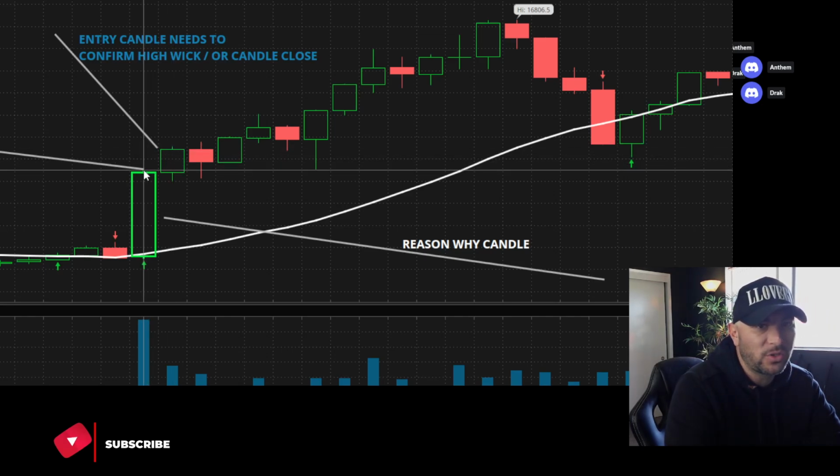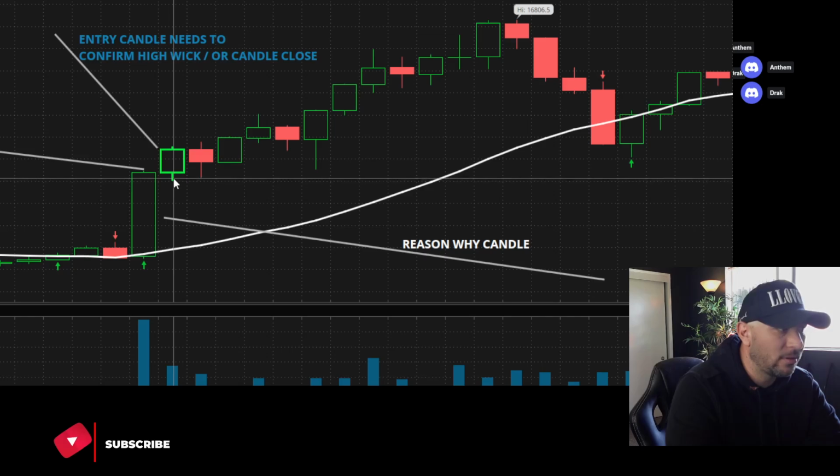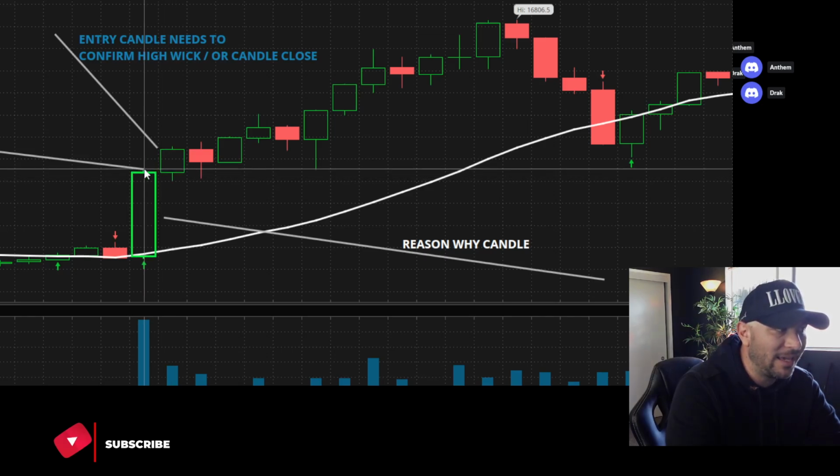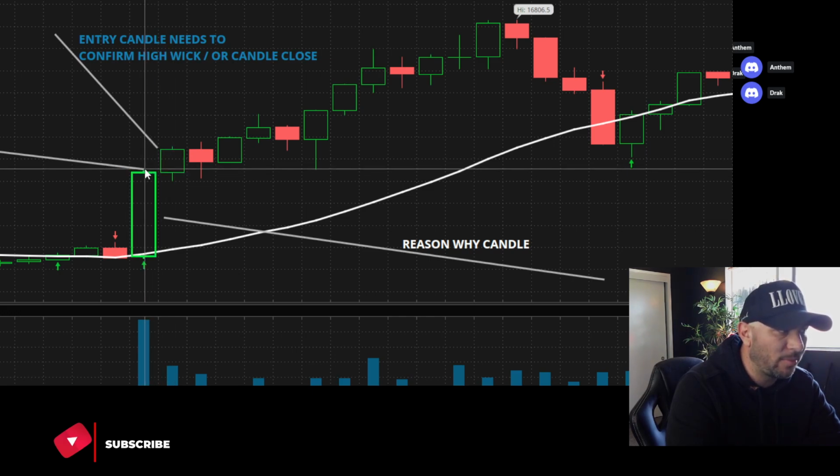So if the price was trading at 16,670 on the candle close or the high wick, your entry is when the preceding candle takes out 16,670. The candle opens up, pushes down, starts to climb, and takes out the high of your reason why candle. That's confirming the price.